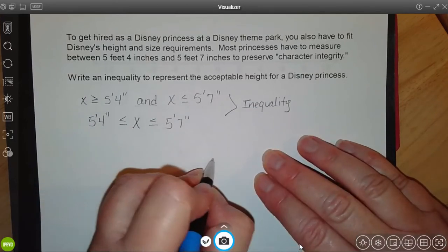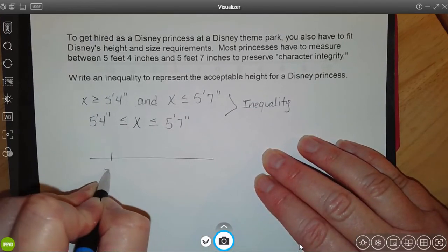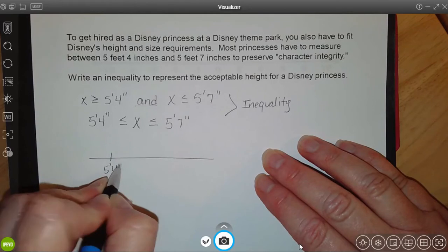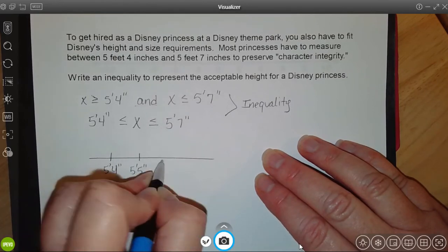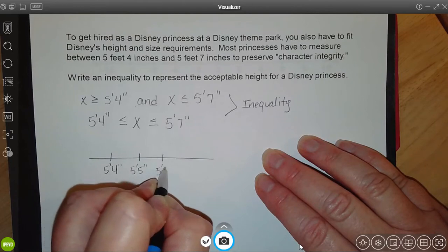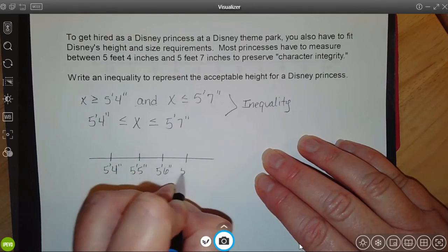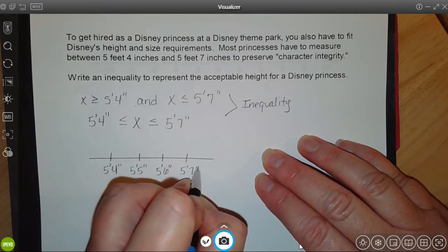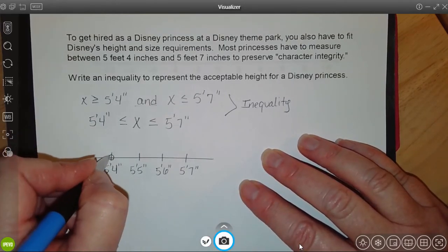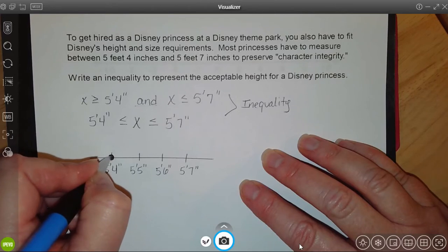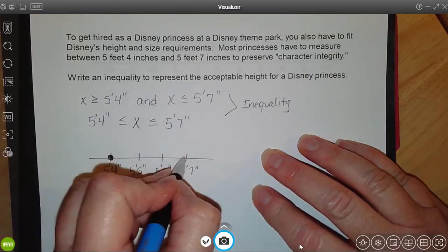For a number line, I would need to have 5 foot 4 inches. I'm going to go ahead and fill in 5 foot 5 inches, 5 foot 6 inches, 5 foot 7 inches. Can you be 5 foot 4? Yes. So colored in dot. Can you be 5 foot 7? Yes.